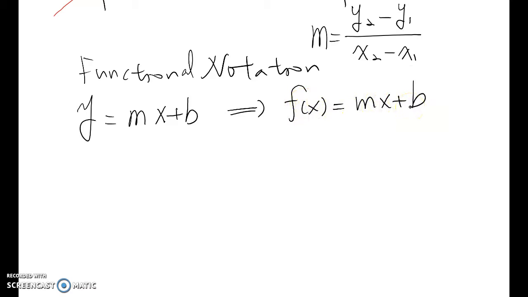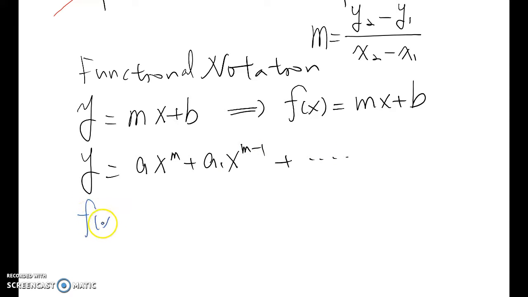Or for any other function, y equals a_m x^m plus a_1 x^(m-1) plus something like this, the functional notation indicates f(x) equals a_m x^m plus a_1 x^(m-1) plus so on. So functional notation f(x) is actually the output y value. You can think of f(x) as equal to y, that's the meaning here.